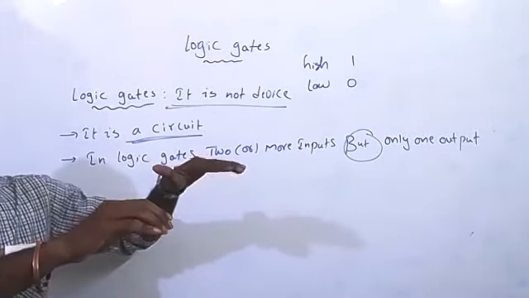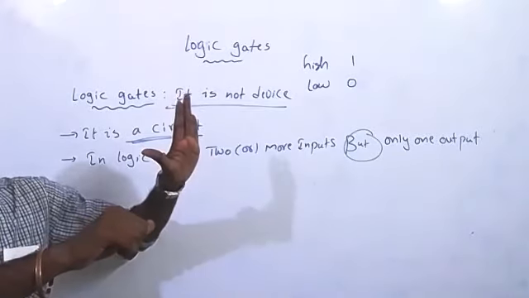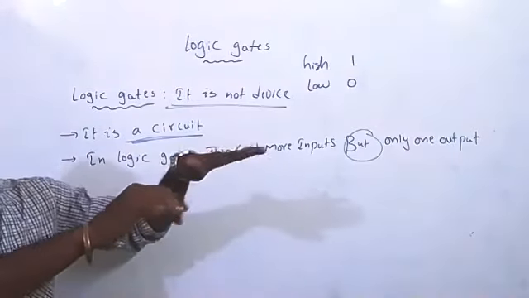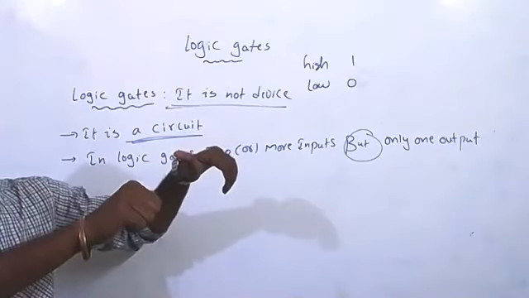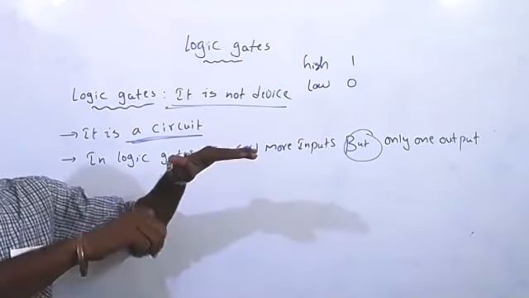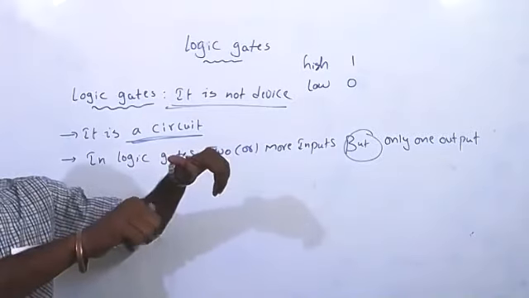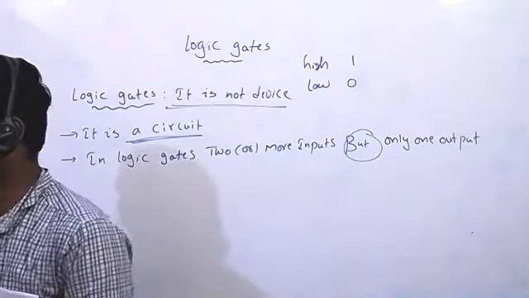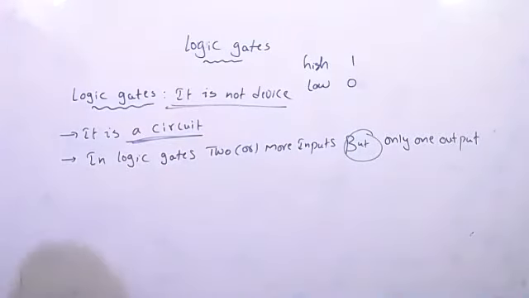If you don't hold the brake and try to start, it won't start. So the brake and the self-start button are two inputs we are giving. The output is that the bike will start. Are you getting my point? That is one example of logic.